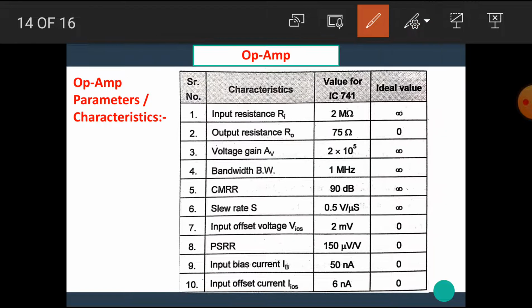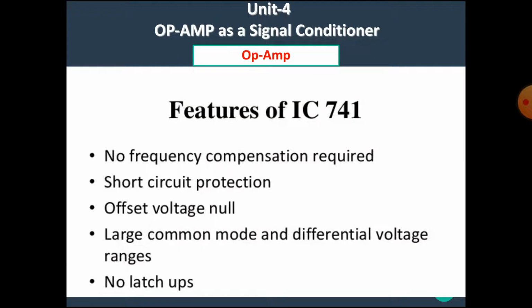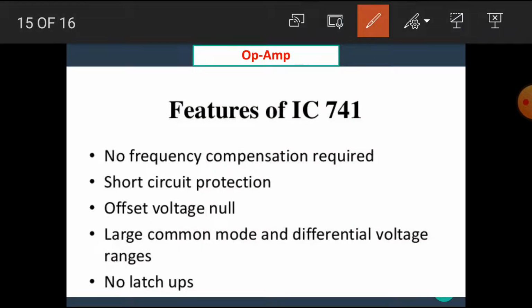I hope you all understand the parameters or the characteristics of the operational amplifier. Now let's see some common features of the IC741, that means the 741 operational amplifier IC. No frequency compensation is required.